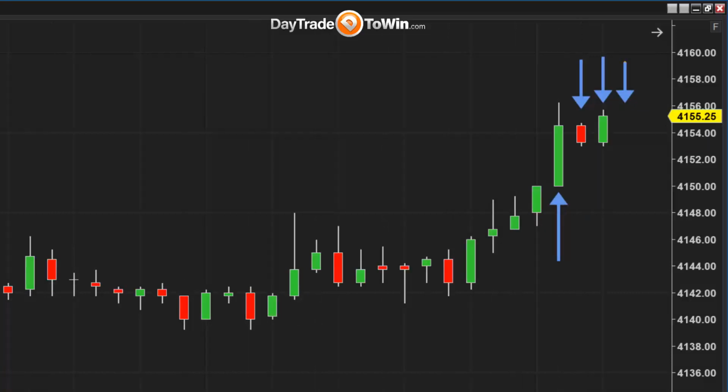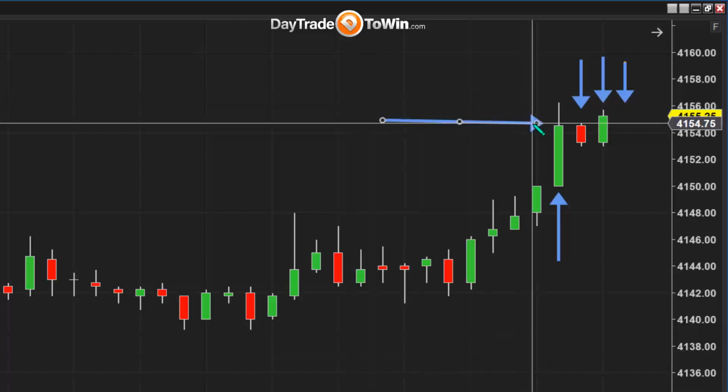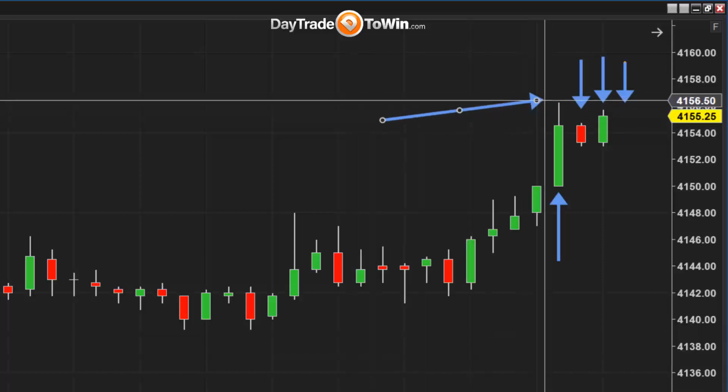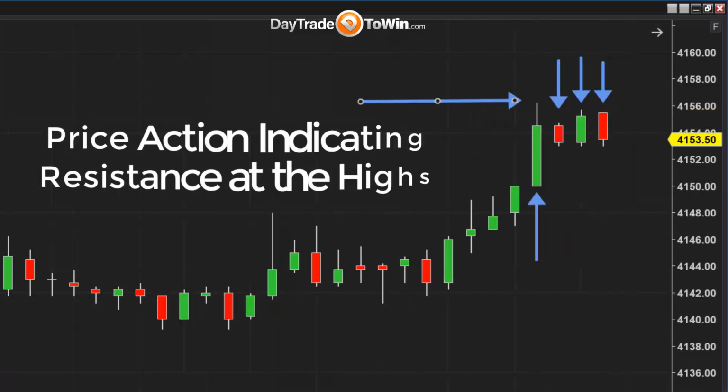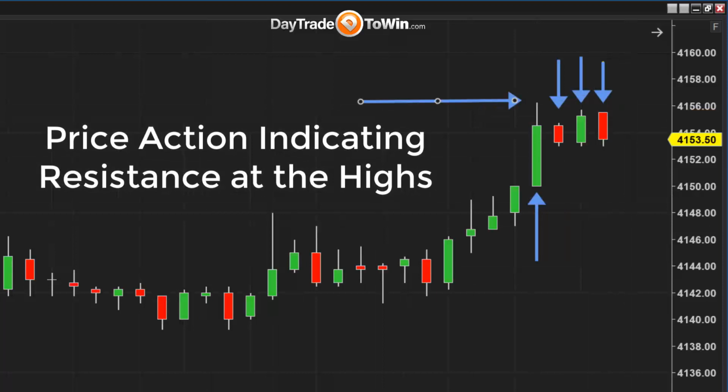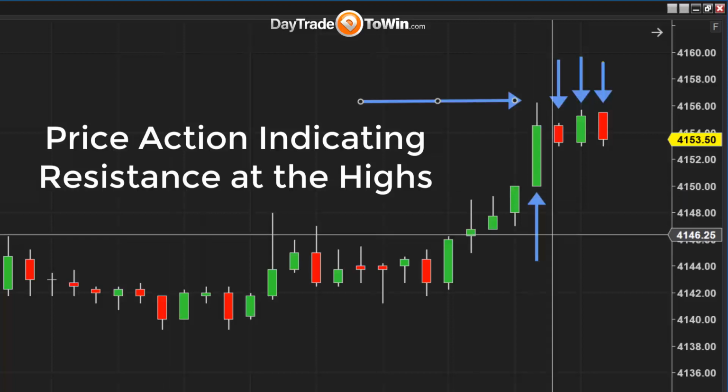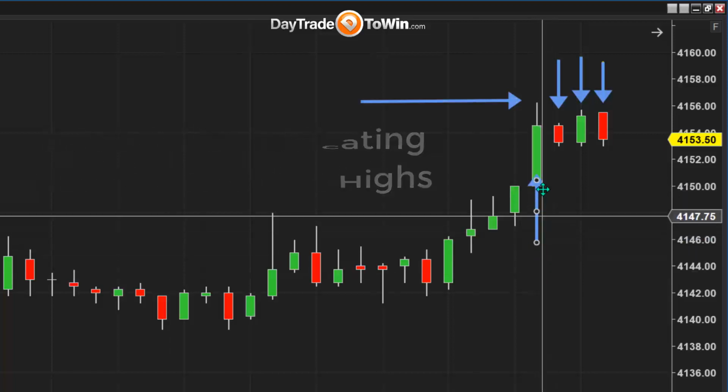The next candle does not continue higher, does not continue further beyond this high right here. So this is the high of the wick. The next candle did not continue higher, as did the next candle. So now you have an example of 2, 3 candles in a row showing you that resistance is happening, that the market stopped moving in this long position, and it was all based off of this candle right here.